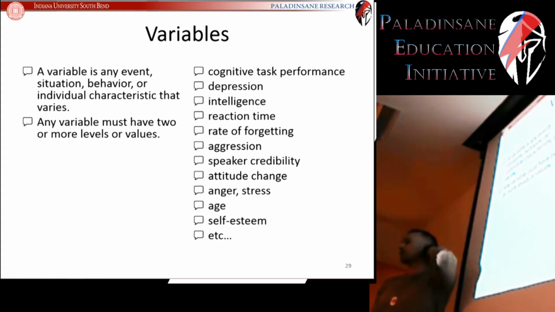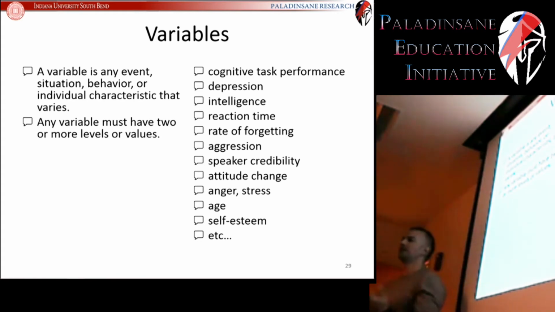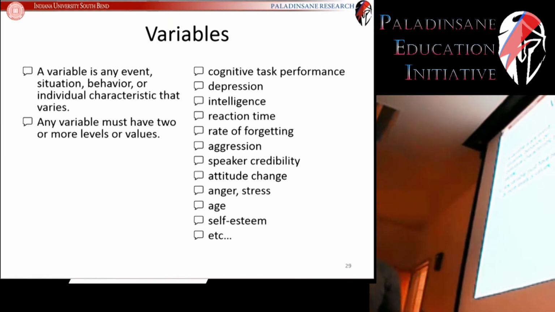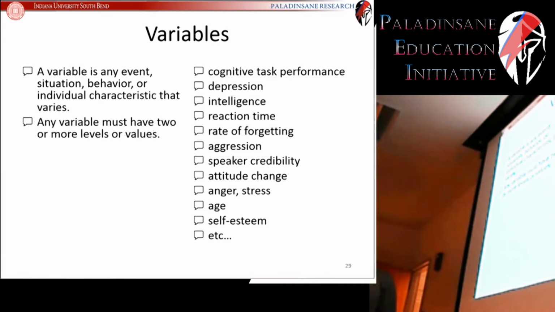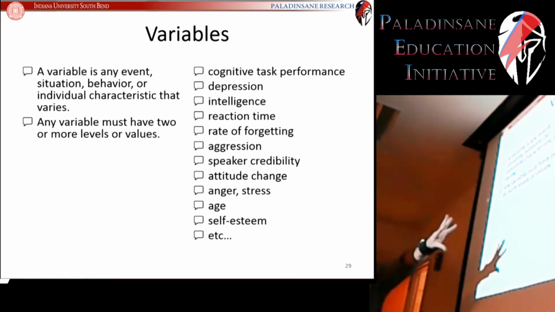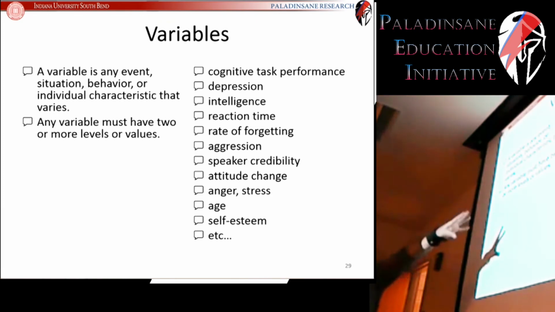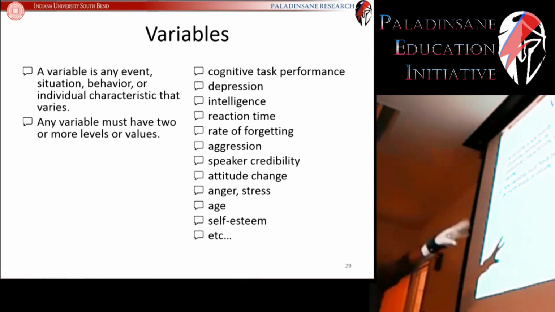There are a number of different measures for self-esteem that try to get around those issues, and we'll talk about that when we talk about validity, things like face validity and test-retest reliability. Importantly, all of those can be different in a single person over time and in different people. That's what makes them variables.